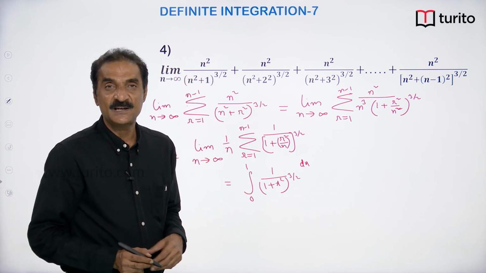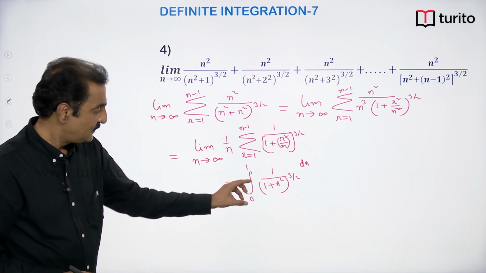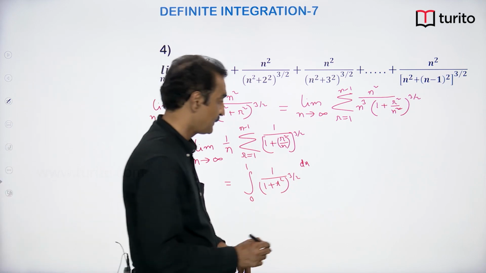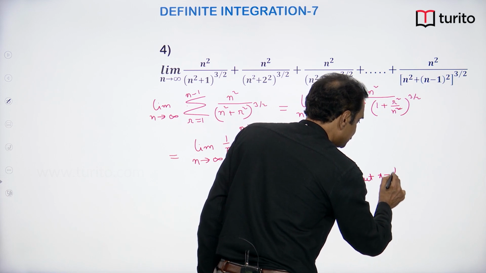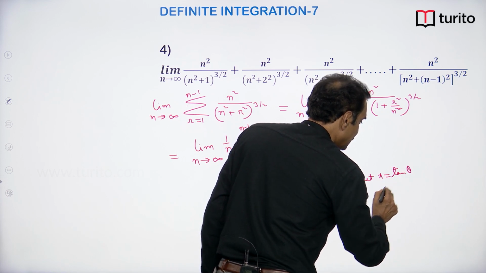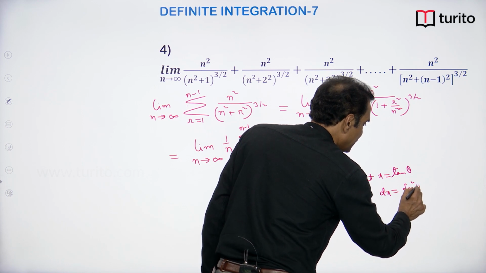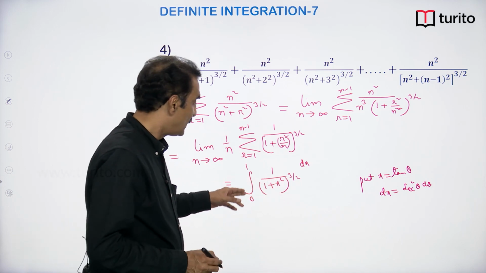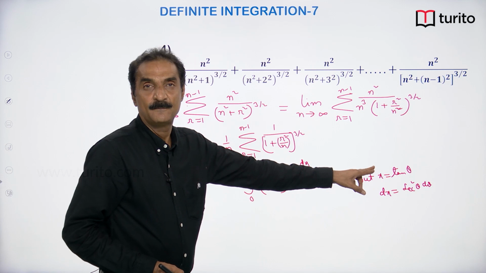How to calculate this integral? You know that standard substitution for 1 plus x square power 3 by 2 is x is equal to tan theta. Put x is equal to tan theta. dx is equal to secant square theta d theta. What are the new limits? If x is 0, theta is 0.